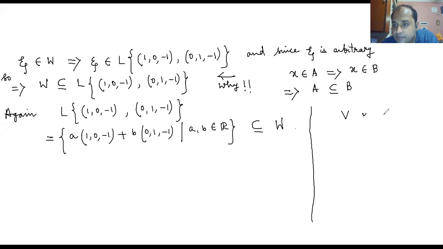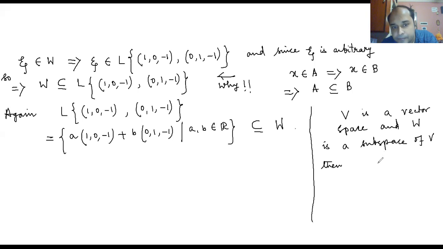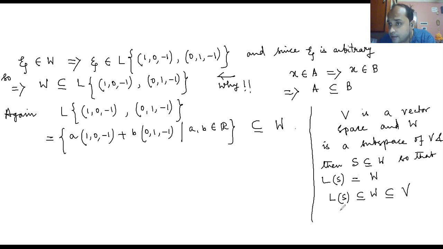If V is a vector space and W is a subspace of V, and S is a subset of W, then the linear span of S, LS, is contained in W, and W is contained in V. So LS is the smallest subspace containing S. LS is a subspace, which can also be shown.